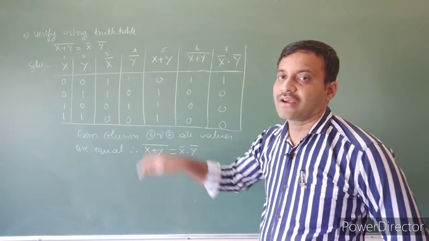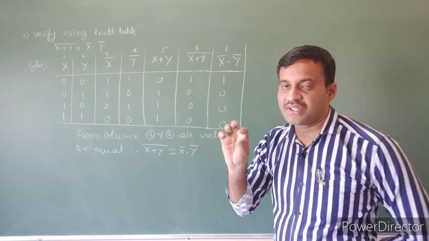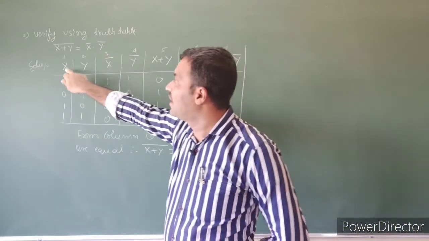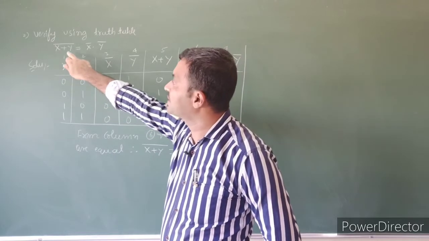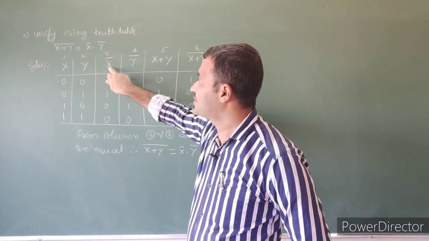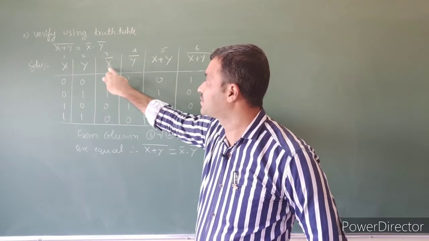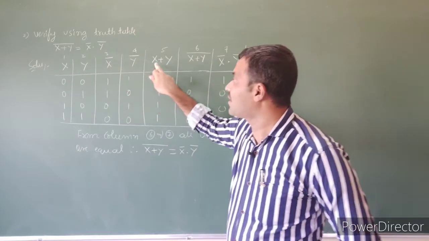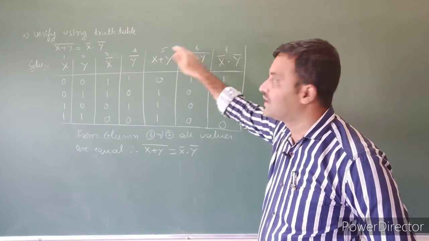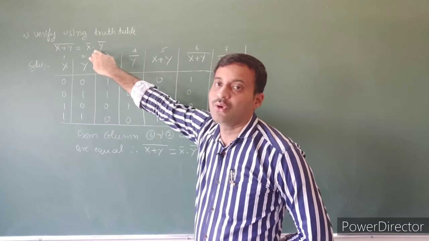Before writing the columns, first we have to observe what variables are present in the given expression. The variables are x, y, but we have to prove (x plus y) whole bar is equal to x bar into y bar. So first the complement operators are evaluated, x bar, y bar, then the OR operator x plus y, then (x plus y) whole bar, next x bar into y bar.